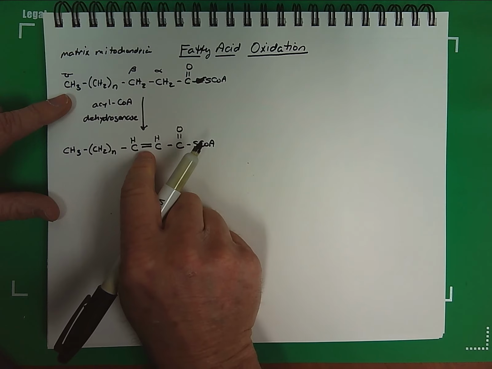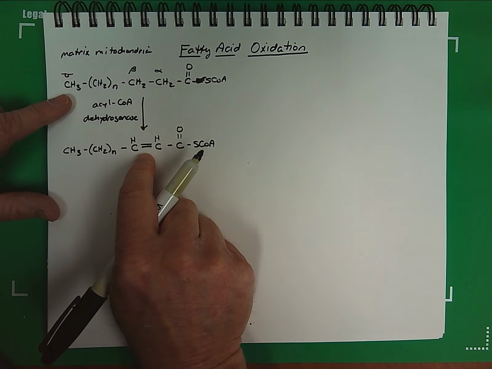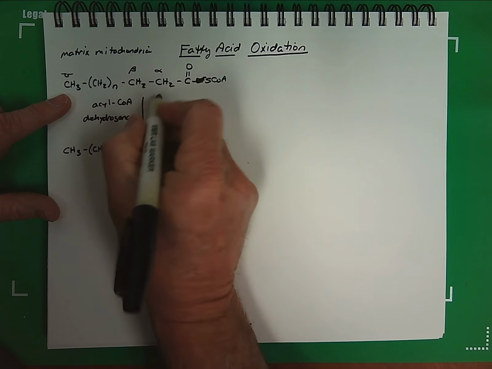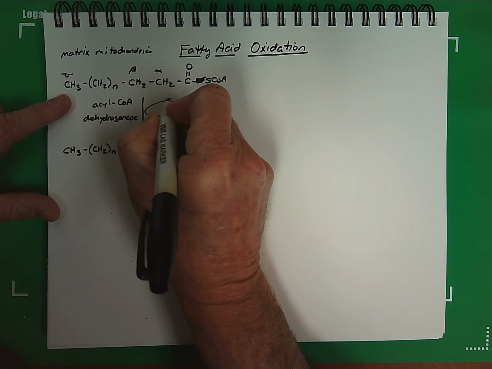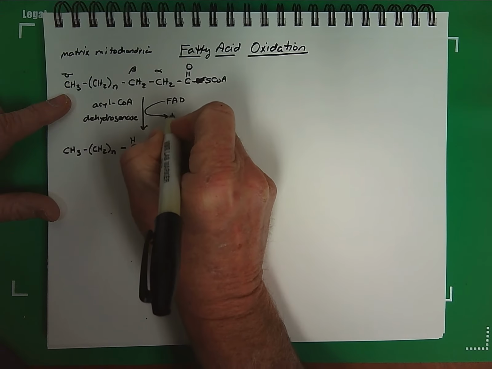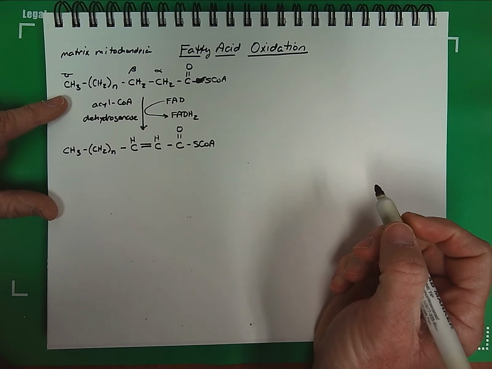Now also recall that when we're introducing a double bond between carbons, these are single electron movements. This is not forming a 2-electron hydride ion. So in order to perform this reaction, we are going to need our redox pair, and in this case, the molecule is FAD, to form FADH2.